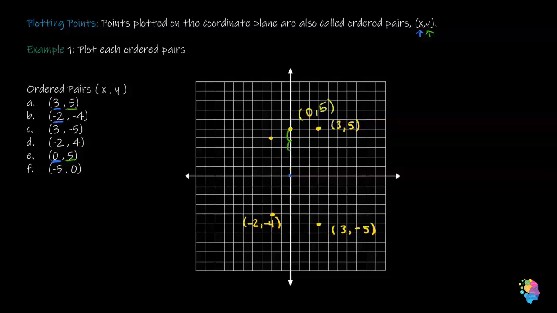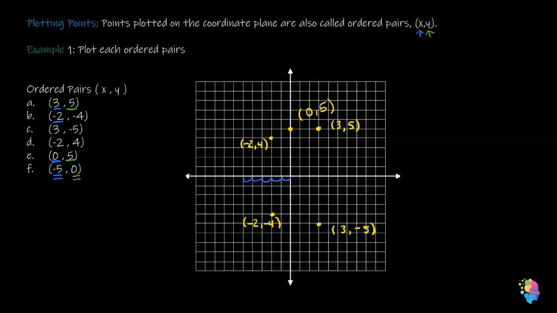Okay, let's try another one. The last one, let me label this one before I forget. The last one has -5, 0. Okay, so we're going to move -5 on the x-coordinate. That means that it's going to be 1, 2, 3, 4, 5 left because it's negative. And then on the y-coordinate, they're telling me to move 0.